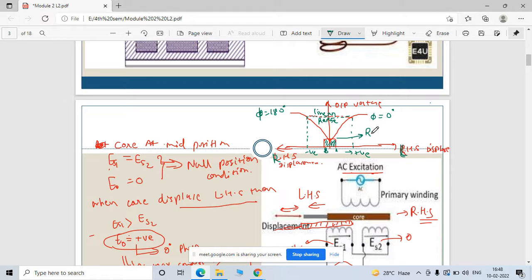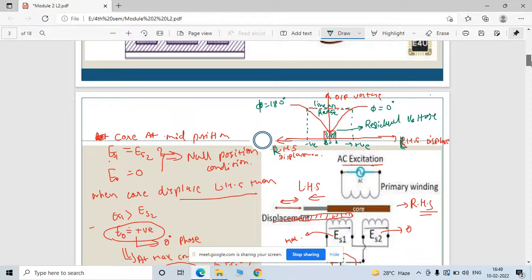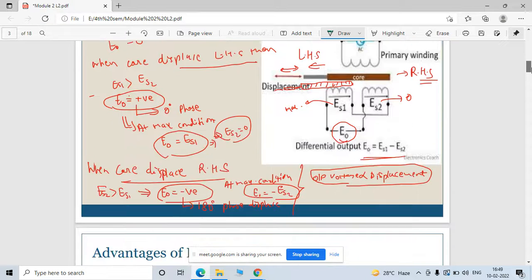This is nothing but your residual voltage. That's why in most books you find this graph starting slightly above zero voltage, meaning there is some residual voltage. So that's the characteristic of this LVDT.